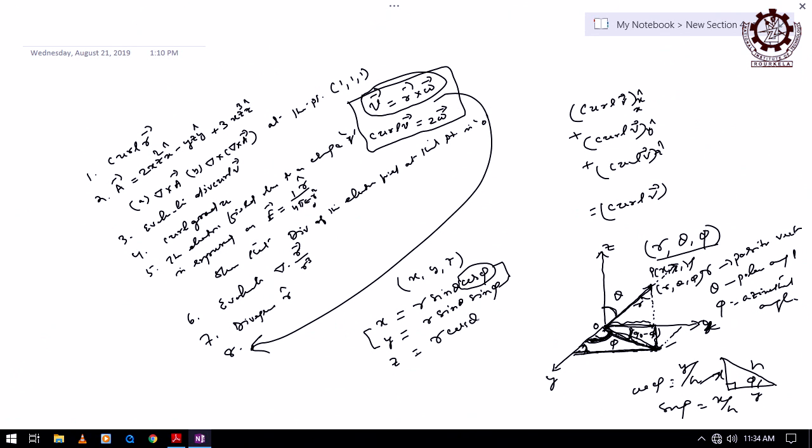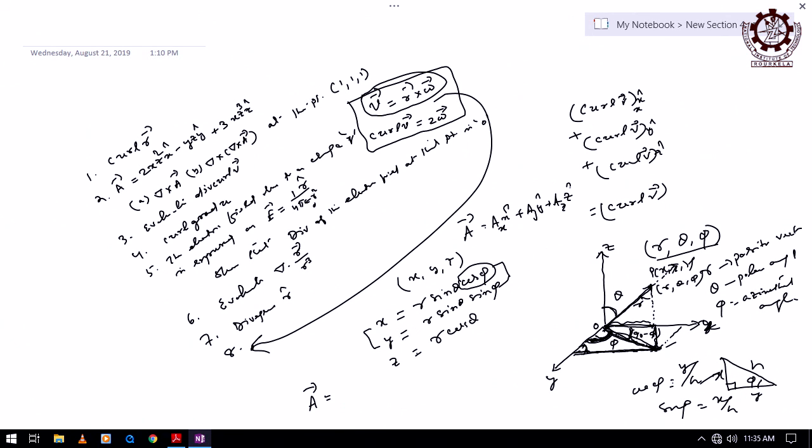So now the question is, if I write this vector A, then how do you represent it in terms of r, theta, phi, like x, y, z? In Cartesian coordinates we are writing what? If it is A, then I am writing A x x, A y y, A z z, right? Similarly, you can write also in the polar coordinates. Then how can you represent it?